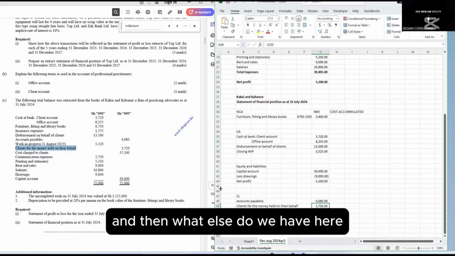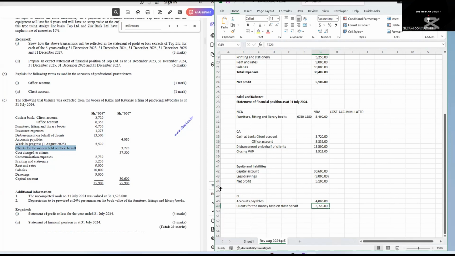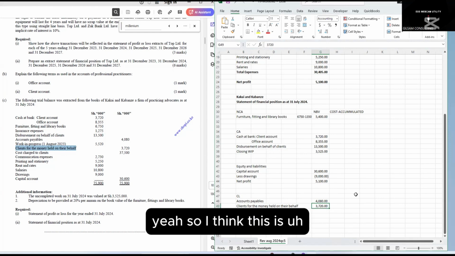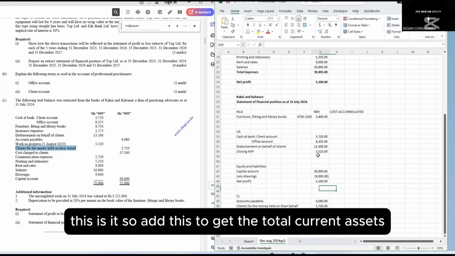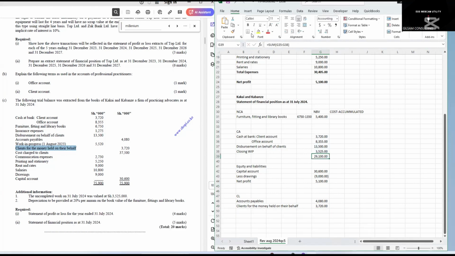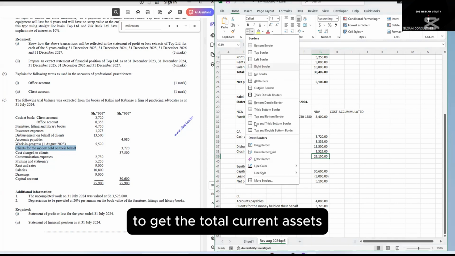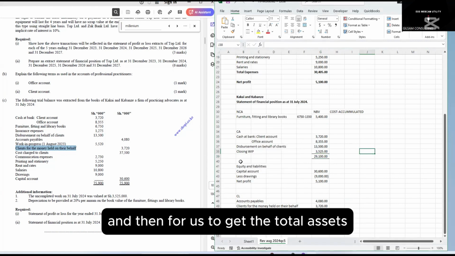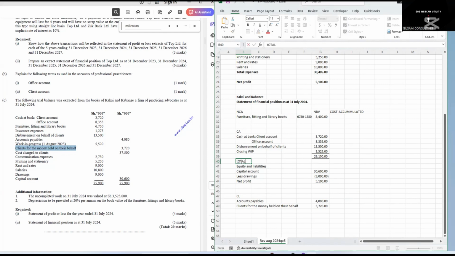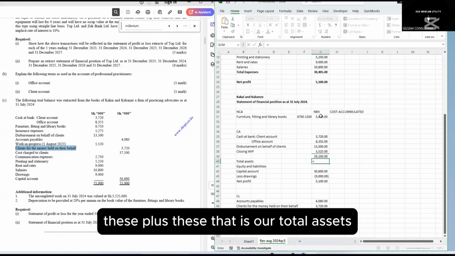And then what else do we have here? Yeah, I think this is it. So add this to get the total current assets. And then for us to get the total assets, I will pick this plus this. That is our total assets.